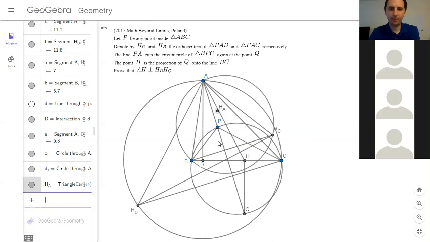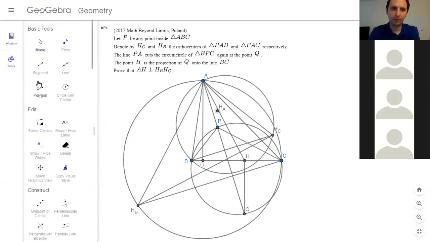I thought there was something about this configuration where you draw the three orthocenters. I don't remember what it was.